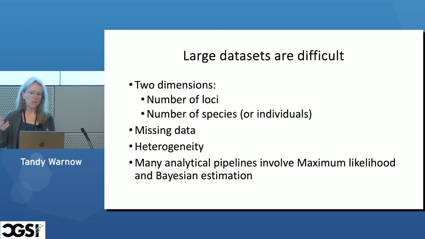Two different dimensions for large. And you can have missing data, you can have heterogeneity in the evolutionary process, and all of this makes for complicated statistical estimation and challenges in using your software, especially since a lot of the methods people want to use are based upon maximum likelihood or Bayesian estimation, and one way or the other, they're computationally intensive.